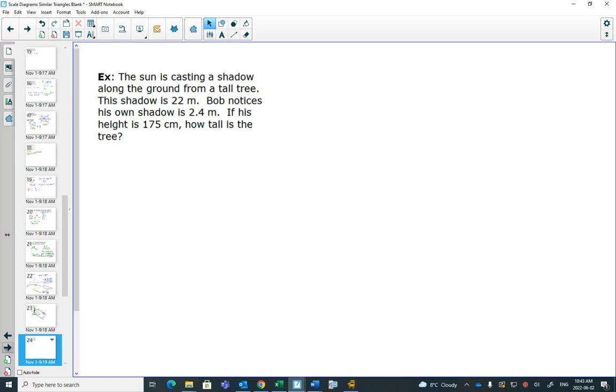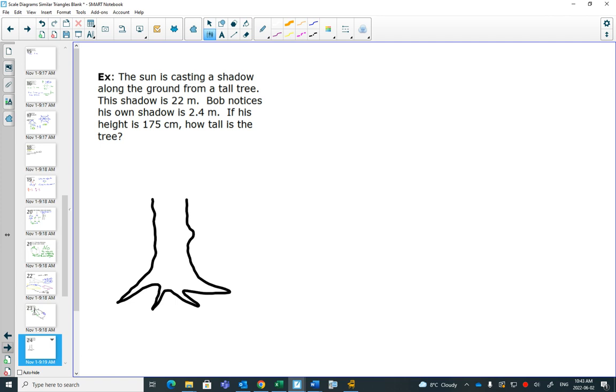Here, I'll show you. So we've got to have our tree. It's actually 0.405, but there's my tree.